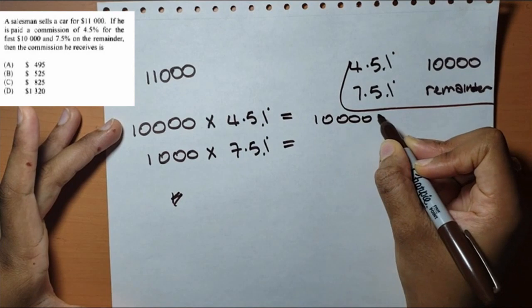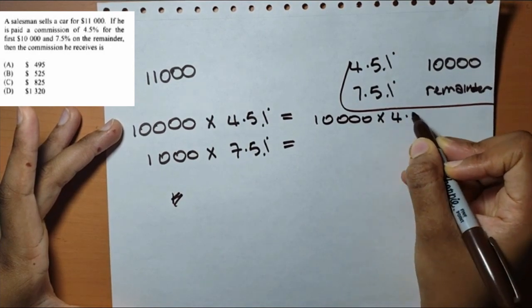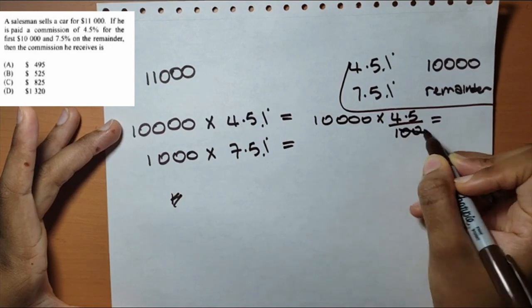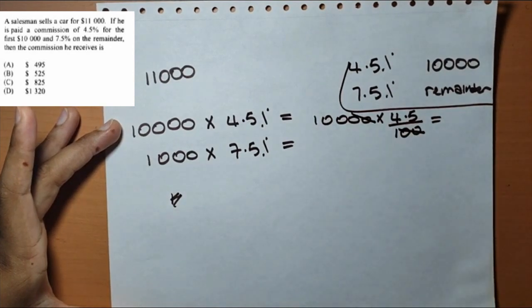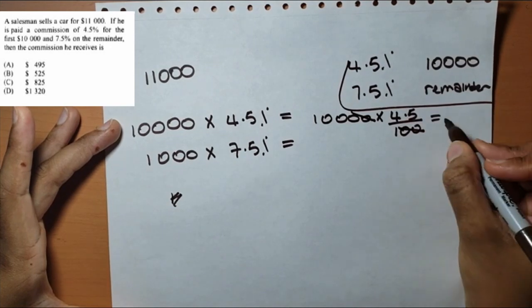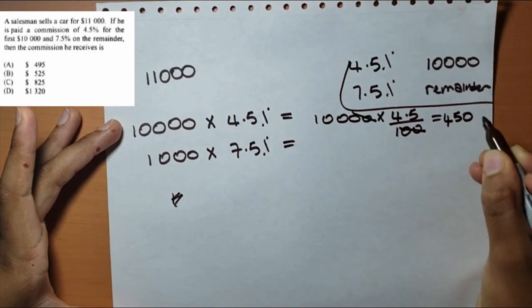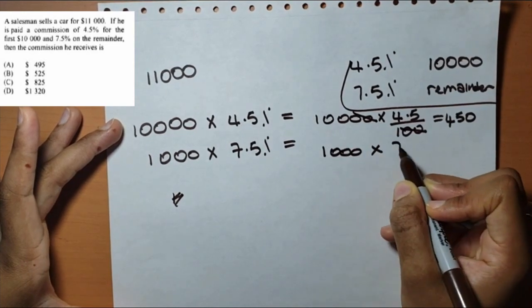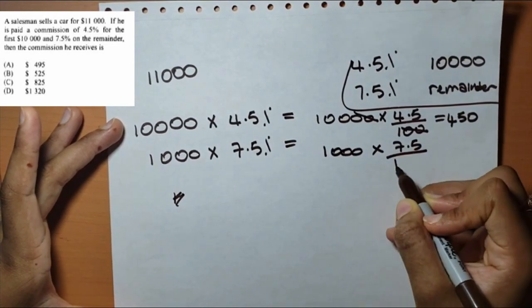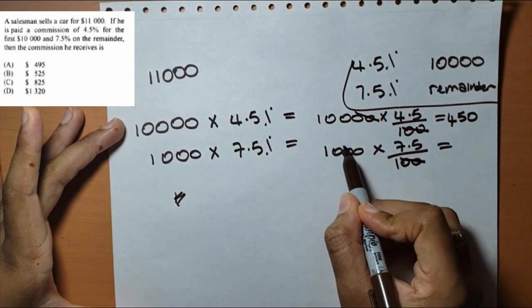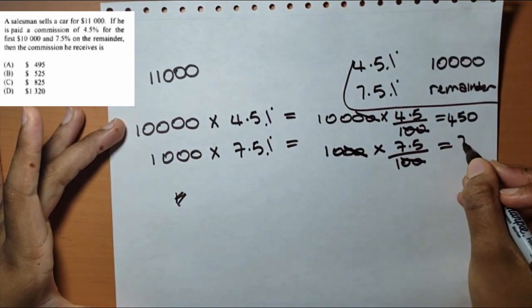10,000 times 4.5 over 100. So cross. So 4.5 times 100, you can cancel 1, 2, so that will be 450. And this now would be 1,000 times 7.5 over 100, and that would be, cross, just go once, and that would be 75.